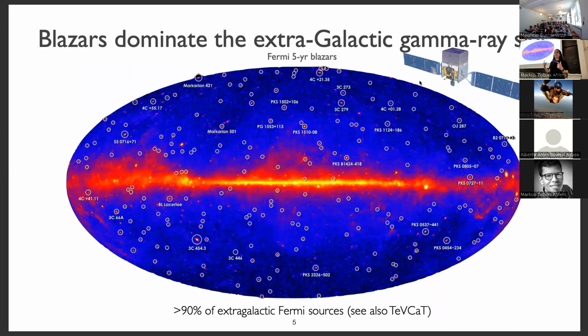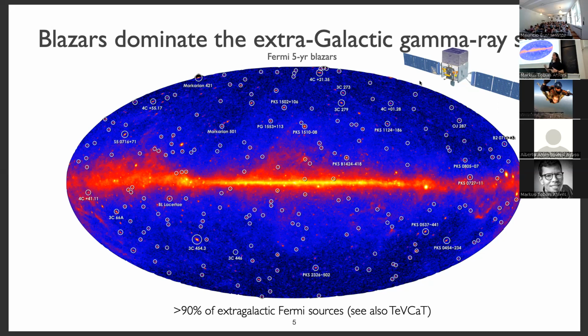This was also our motivation for choosing blazars, because they absolutely dominate the extragalactic gamma ray sky. They are the overwhelming majority of TeV and GeV gamma ray sources that we know from outside our own galaxy. This means for sure they accelerate particles to very high energies.